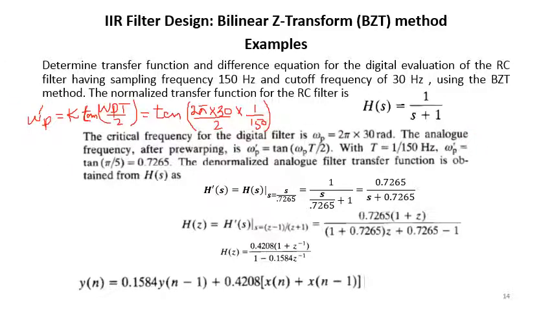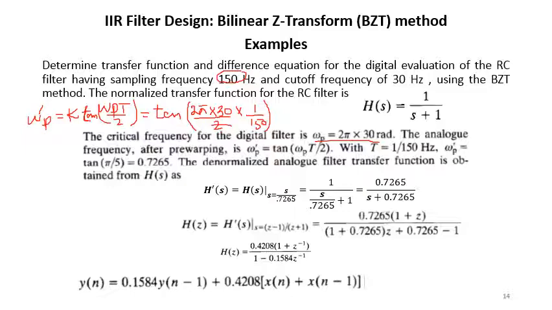So W prime of P, as we know, is equal to K tangent of WP times capital T divided by 2. By putting values, because as I said earlier the K cancels with K when we calculate, keeping K equal to 1 is okay. So by keeping K equal to 1, we have tangent, then WP is basically this one. So it will be 2 pi into 30 divided by 2 times 150, because 1 over 150 is the sampling period, as the sampling frequency is 150.